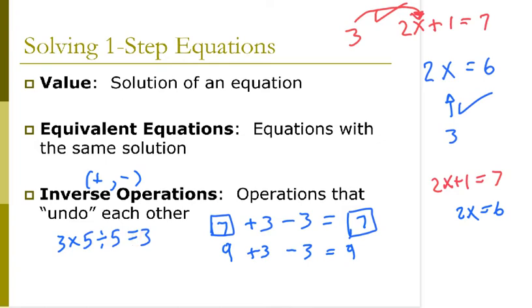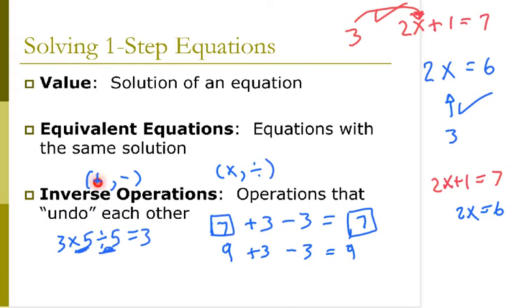So these operations, the multiplication and the division, undid each other. So it's basically like I didn't do anything at all. So inverse operations are opposite operations. And we're going to use those when it comes to solving equations. So just so we're clear, addition and subtraction are inverse operations to each other.